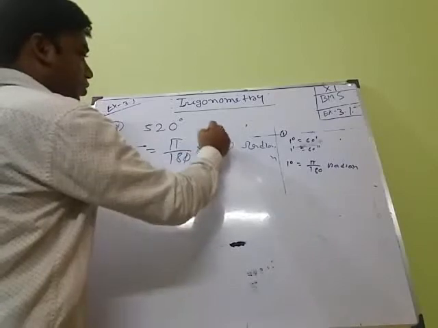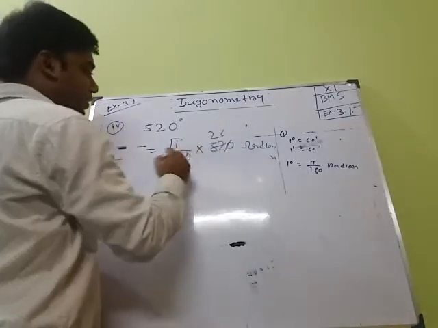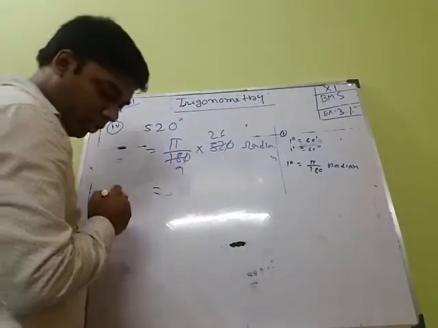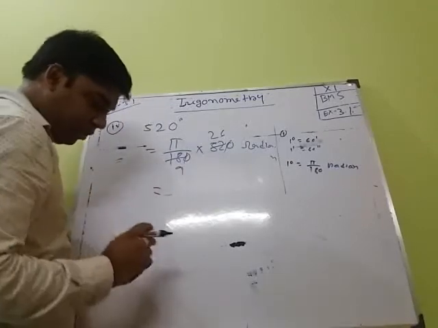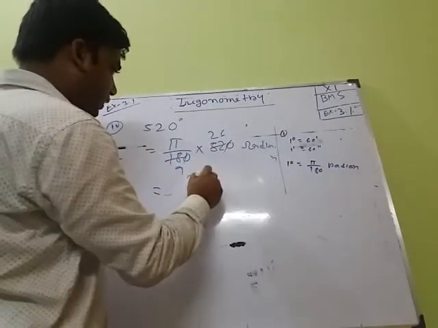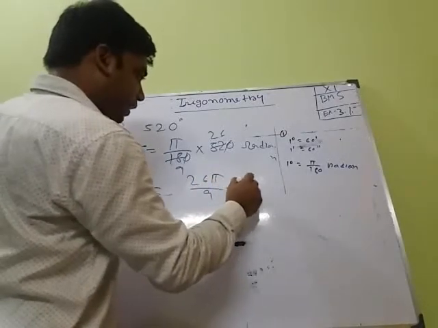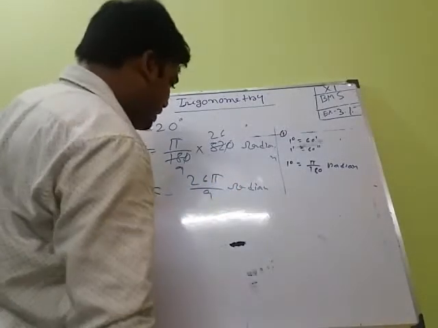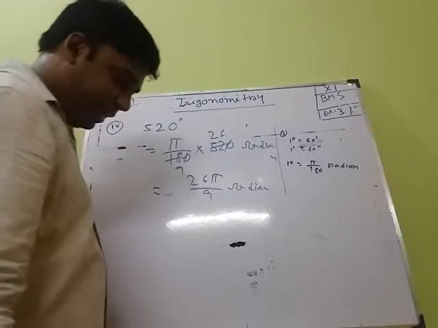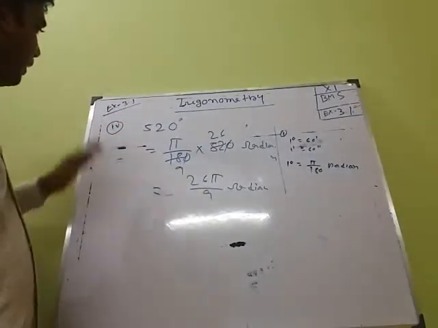That is 26 pi by 9 radian. 26 pi by 9 radian.